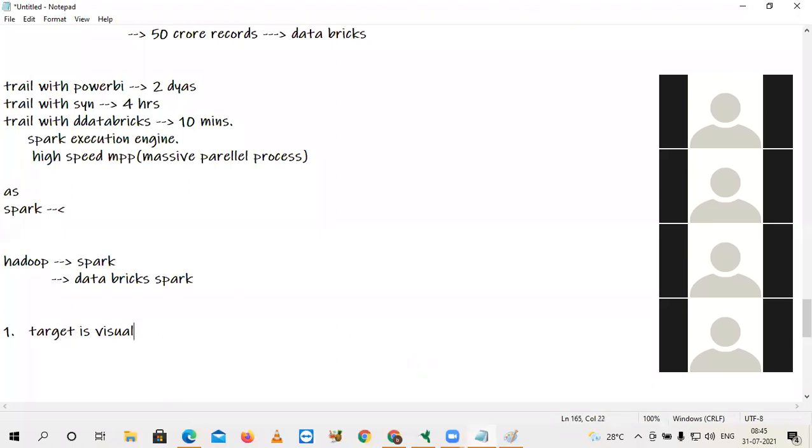If the target is visualization, load into Synapse. Synapse is a cloud database, pay-as-you-go model. If you want to provide the data to data science or machine learning engineers, then keep this data in the data lake.